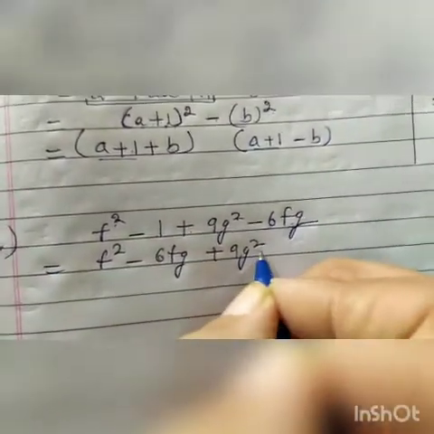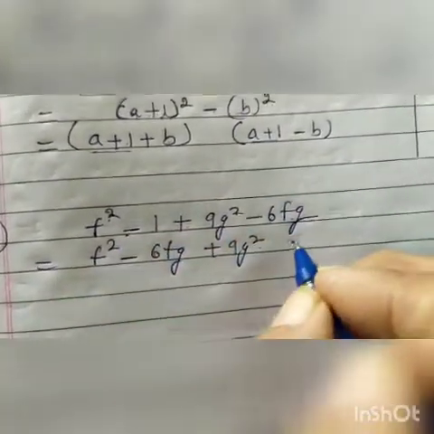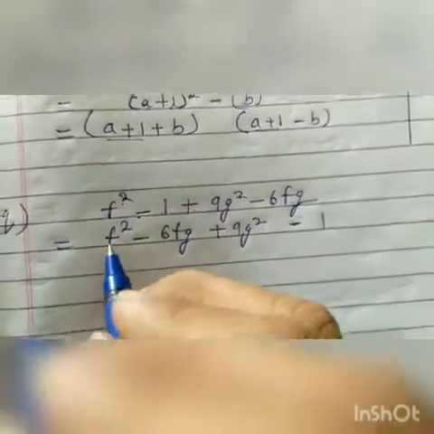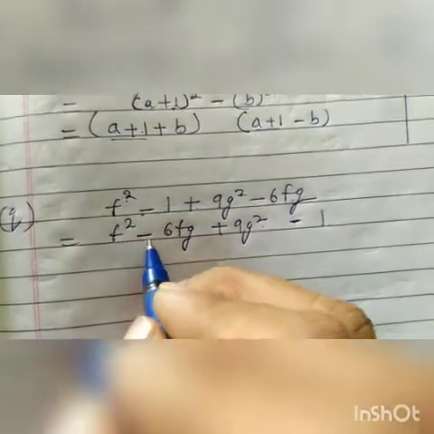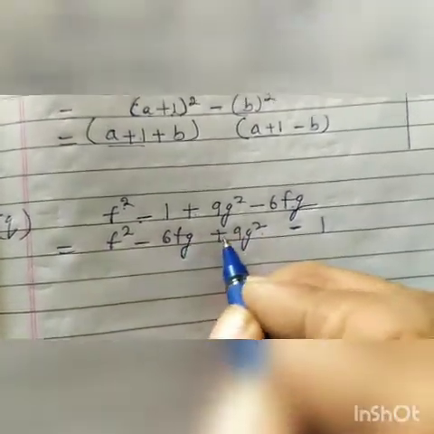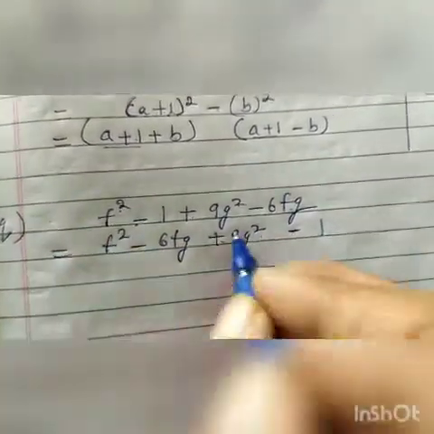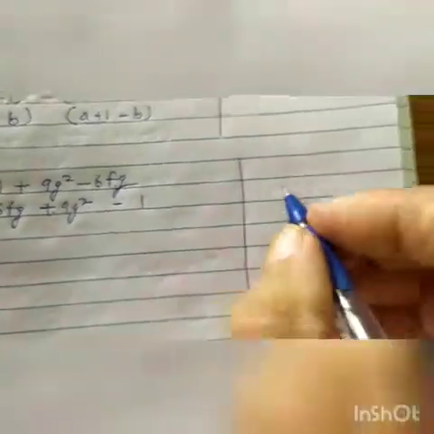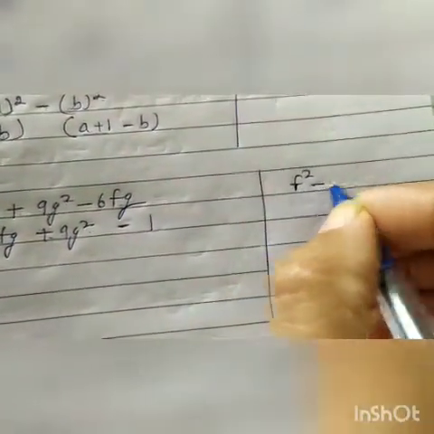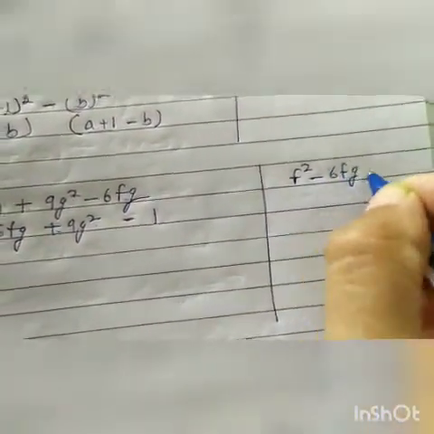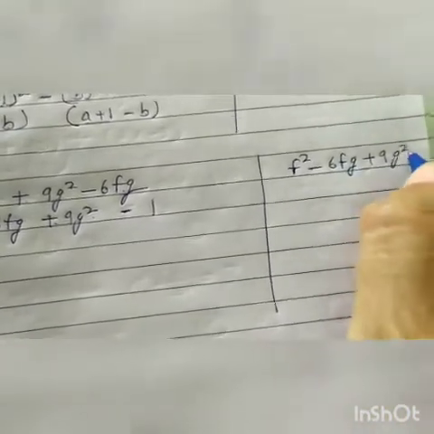First we are rearranging these terms, then minus 1. Now see, this is the identity A square minus 2AB plus B square. How? First we will factorize this identity: F square minus 6FG plus 9G square.